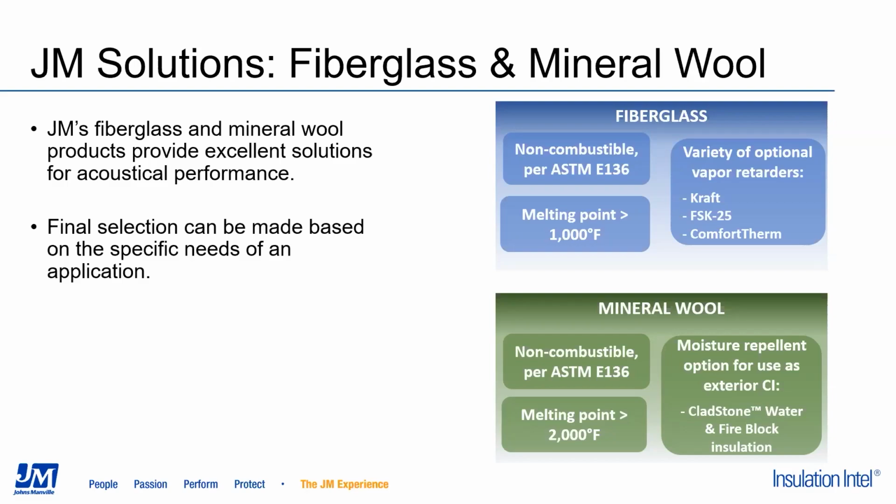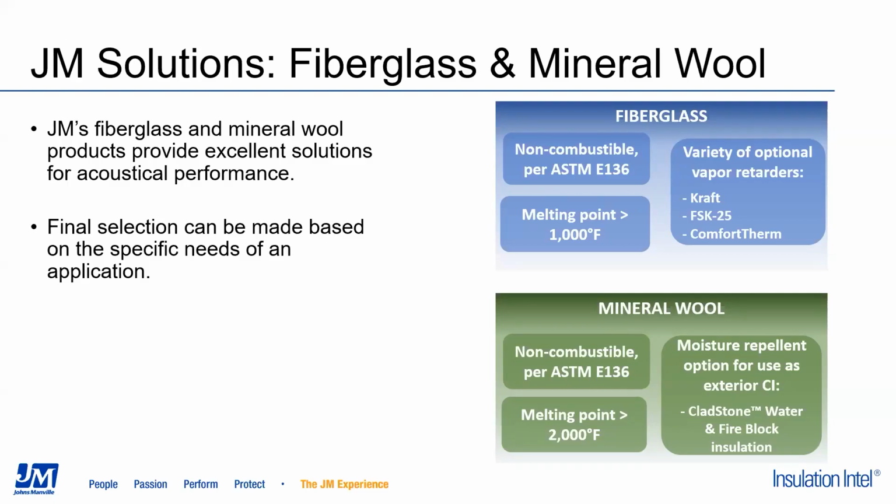Both fiberglass and mineral wool products meet the requirements of non-combustibility as measured per ASTM E136. One thing to note, though, is that the melting point of fiberglass is in excess of 1,000 degrees Fahrenheit, while the melting point of mineral wool is shifted higher to in excess of 2,000 degrees Fahrenheit.